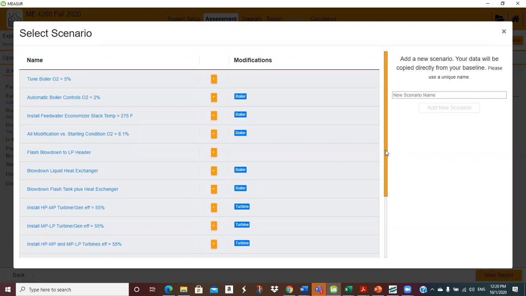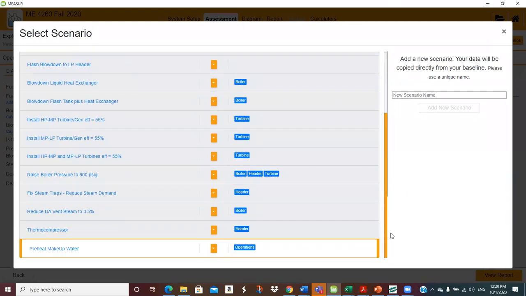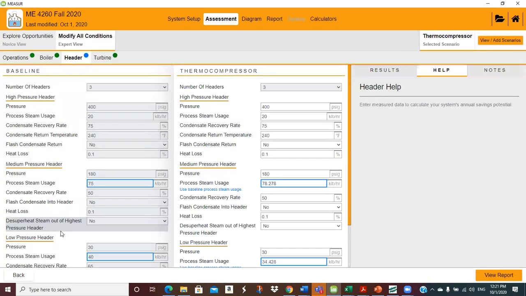And we've got a lot of, this is a big file. Preheat makeup water, thermal compressor. Okay. So on the medium pressure header, it was 75,000 pounds an hour. So I upped it by almost 3,300 pounds. I took the real number, whatever it was. So at 3,000 pounds, it goes to 78.